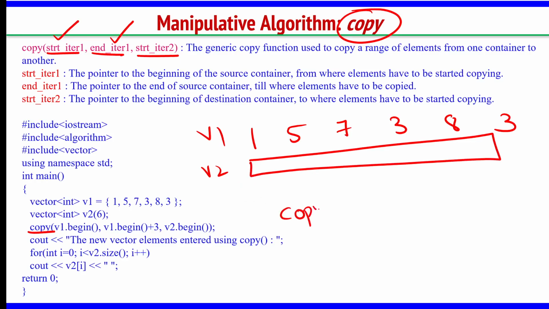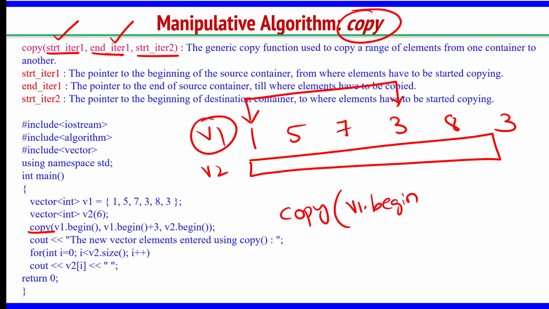So, copy, you have to give in v1 from where to where you want to copy, which index to which index, that you have to tell. So, v1 dot begin, I want to copy from begin.